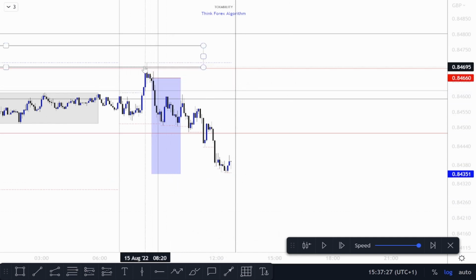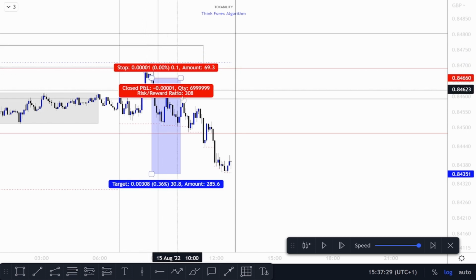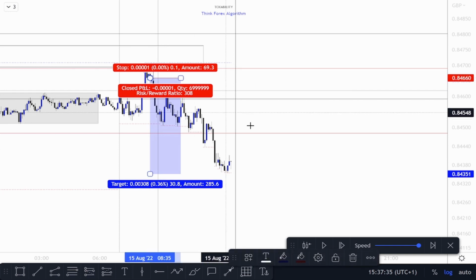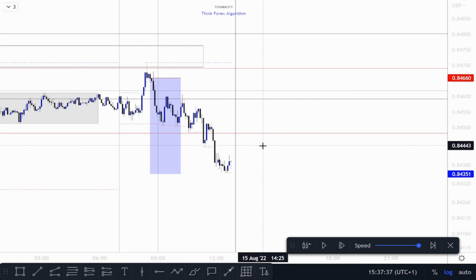So if during the London session you've made all that profit, in this scenario we gained 30 pips. If you gain 30 pips and it's close to the New York session, I will just take the profit, close my trade, and then look for another opportunity somewhere else.